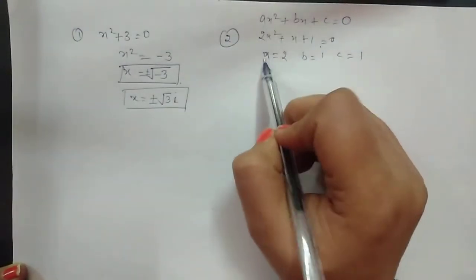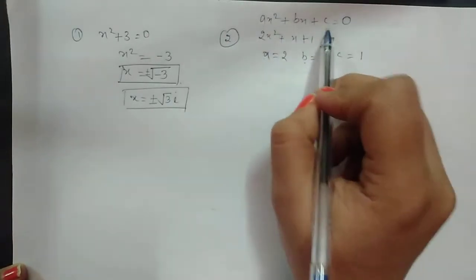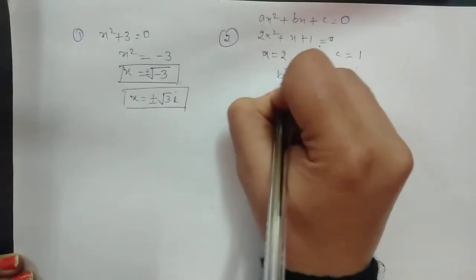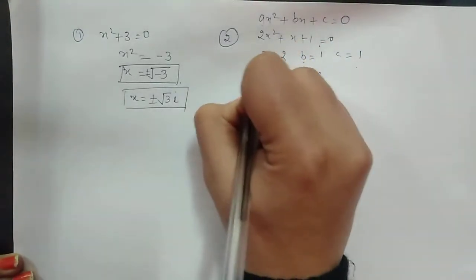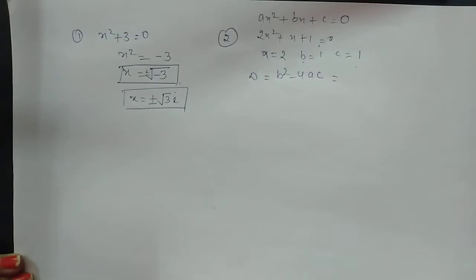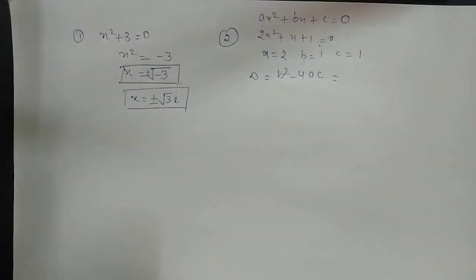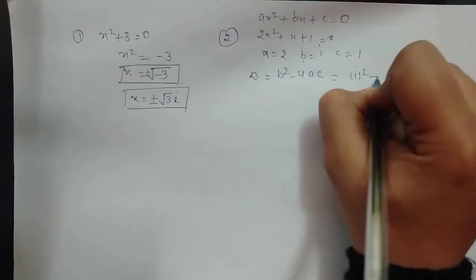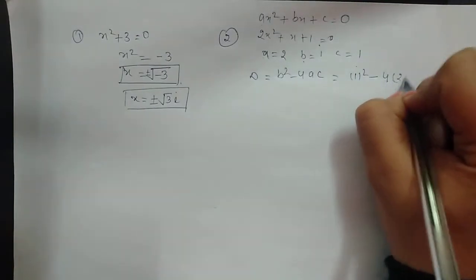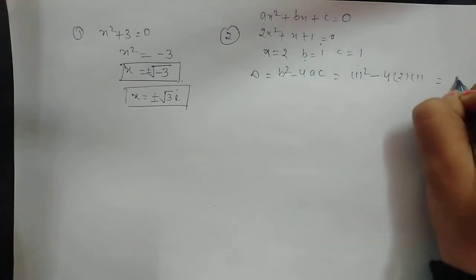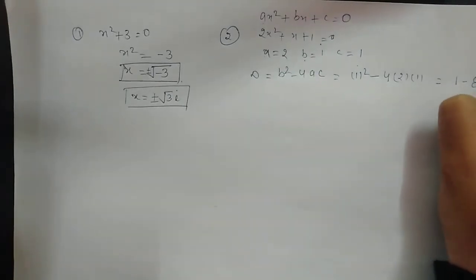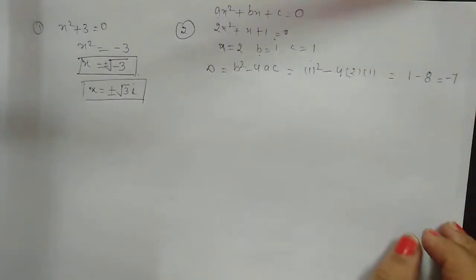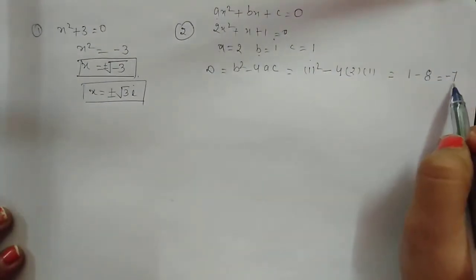Now we put the values in b square minus 4ac, which is 1 square minus 4 into 2 into 1, which is equal to 1 minus 8, which is equal to minus 7. Okay, minus 7 is less than 0.